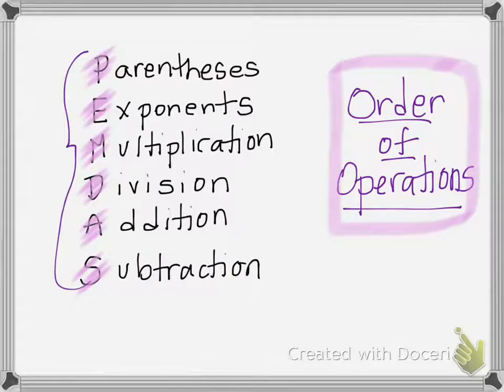The most important thing is that you stick with the order of operations. You do parentheses. Everything that's in parentheses, take care of that first. Get that out of the way. That needs to be done because it's been combined together for a very important reason. Therefore, it needs to be done first. Anything that has an exponent attached to it, like a square or a cube or something to the fourth power, needs to be done after parentheses.